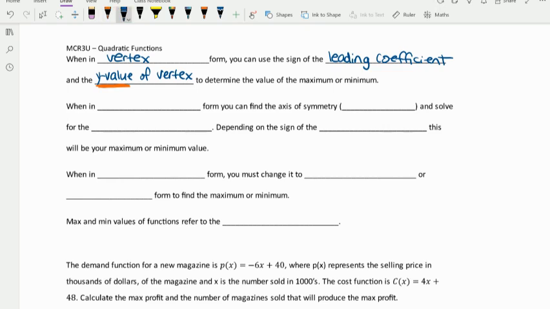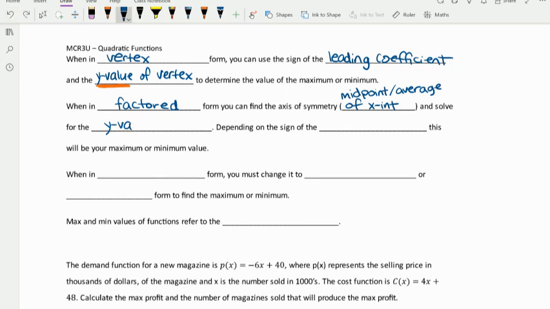When in the factored form, you can find the axis of symmetry, which is just like the midpoint or the average of the x-intercepts, and solve for the y value.